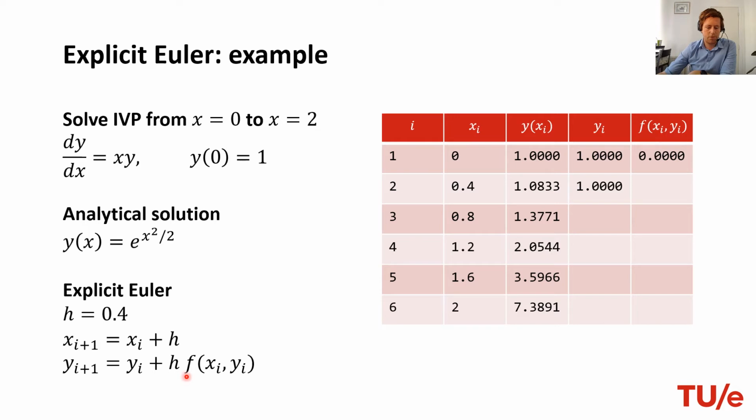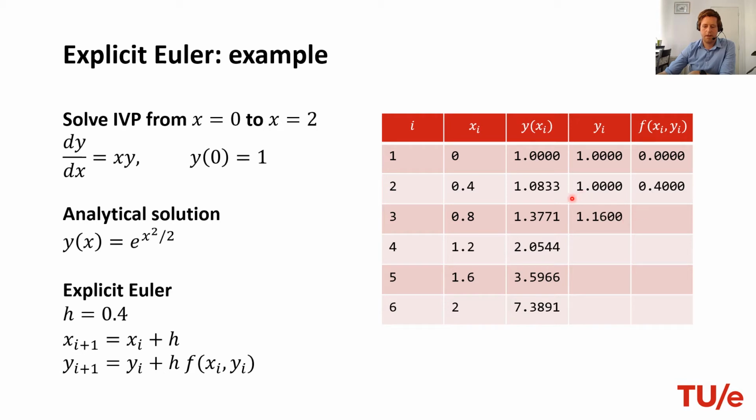Again, we evaluate the function for xi and yi. So this will become 0.4 times 1, which is equal to 0.4. We multiply this value for the slope with the step width of 0.4. So that will be 0.16, which we add to the current solution in order to get the solution in the next step.